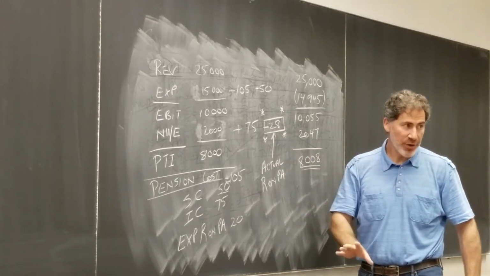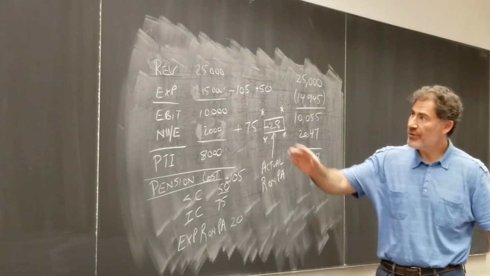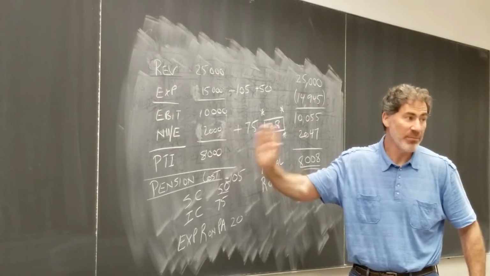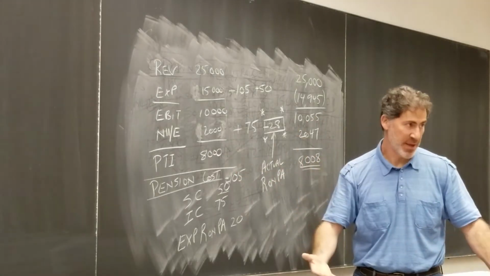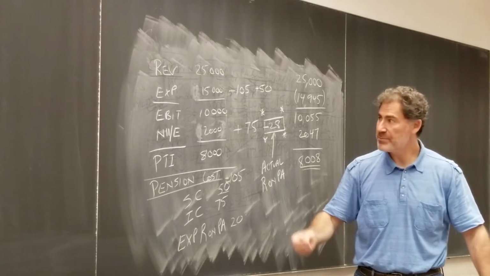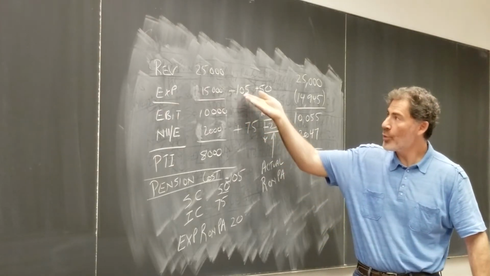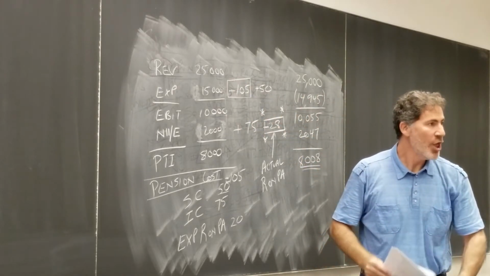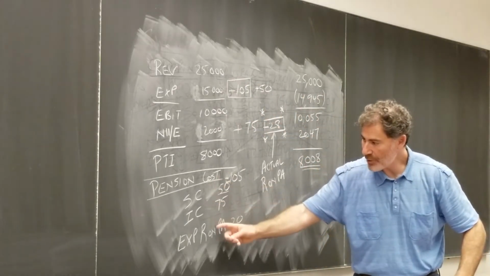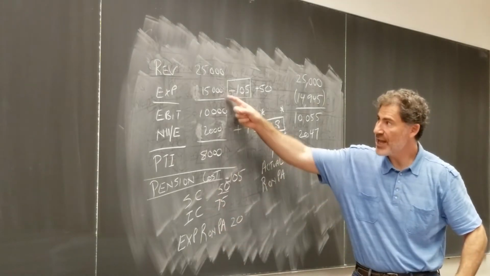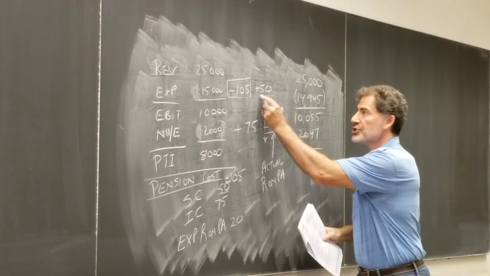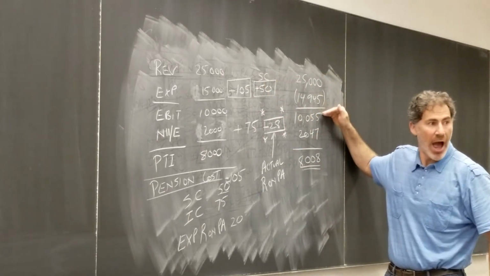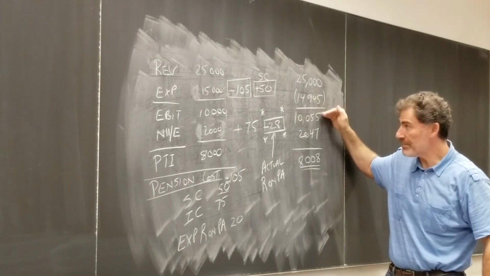So let's just review what we've done here. They're going to give you this income statement, and then they're going to ask you, in my opinion, to make the adjustments. So what would the adjustments be? Remove the pension costs from the operating expense. The only component of the pension cost that stays in operating expense is the service cost. So we can now calculate our operating income. That might be a question.